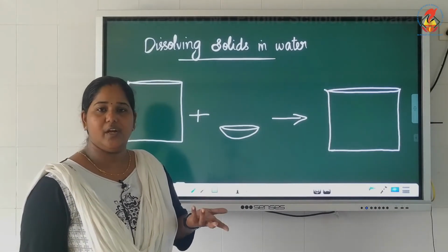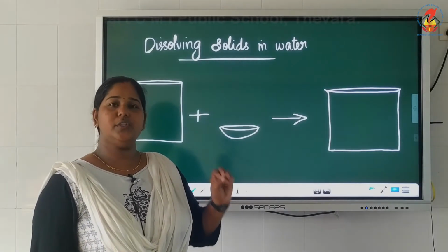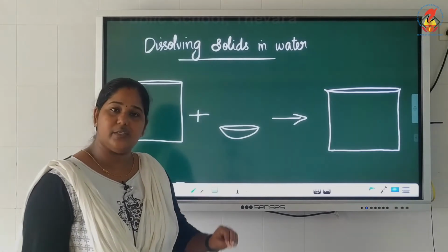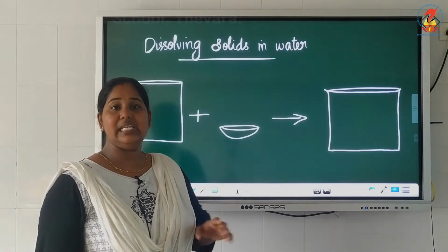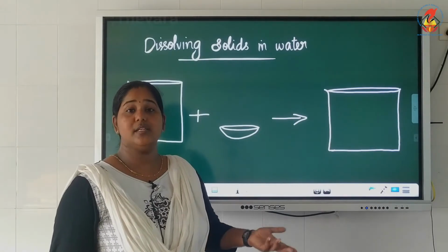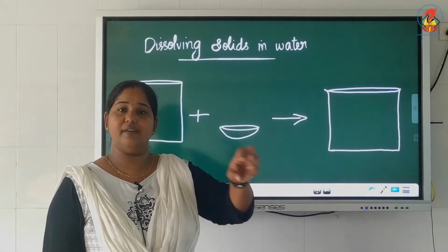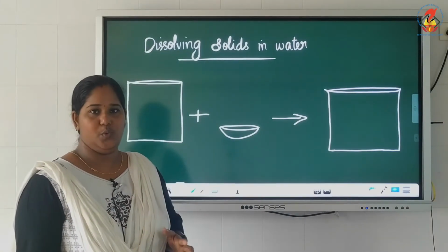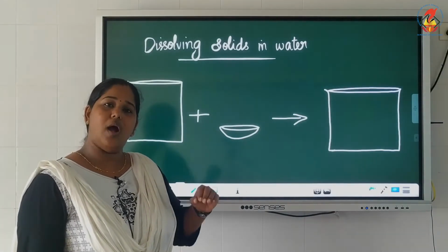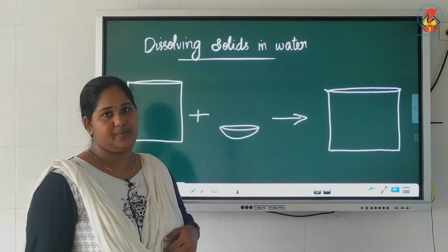What? Is it water that we are not able to see? No. The sugar or salt that was added into the water will not be seen, it disappears. Where does it go? Does somebody go and take it from that glass? No. So we are going to study what happens in this situation.